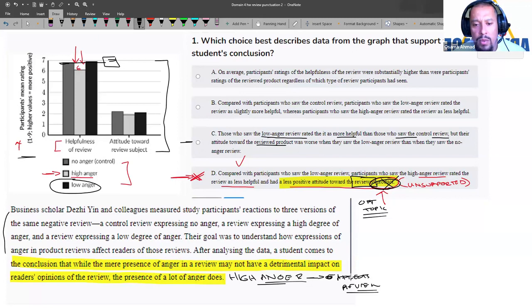Again, are we talking about the product? No, we're talking about a review of the product, the review itself, not the product. So answer C also is off topic. Make sure your answer is on topic.